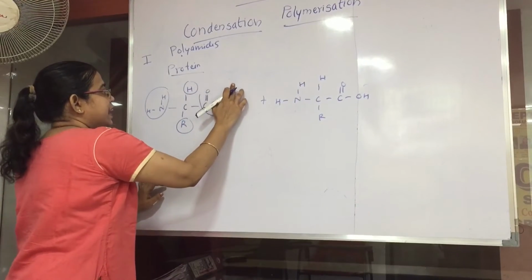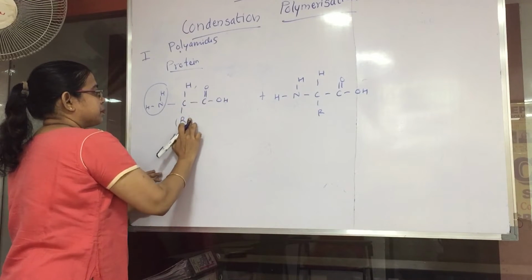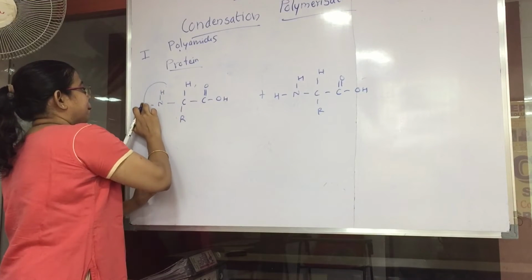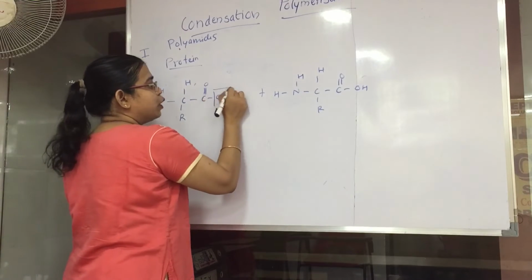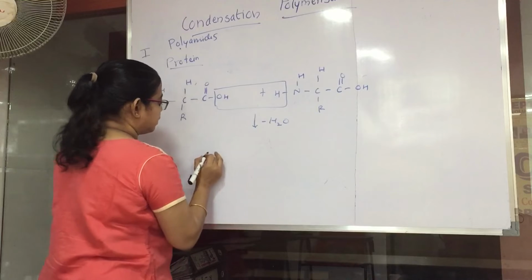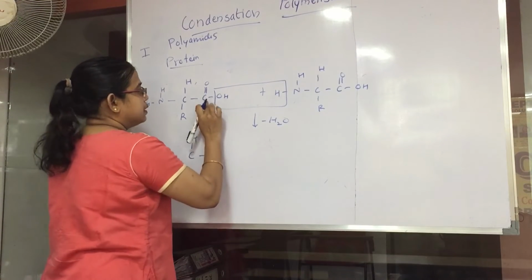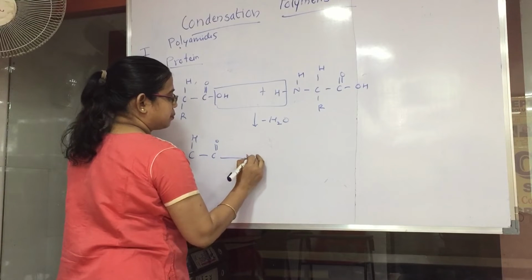Now when I add these two alpha amino acids, we'll have removal of water from here at this junction, and this carbon now joins the nitrogen.